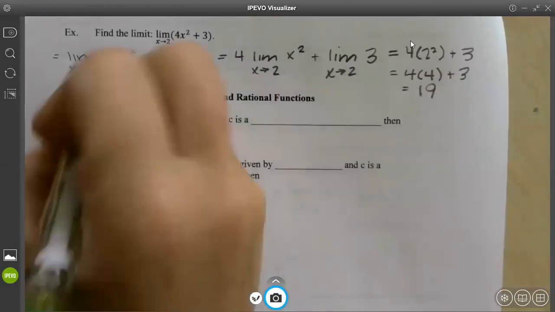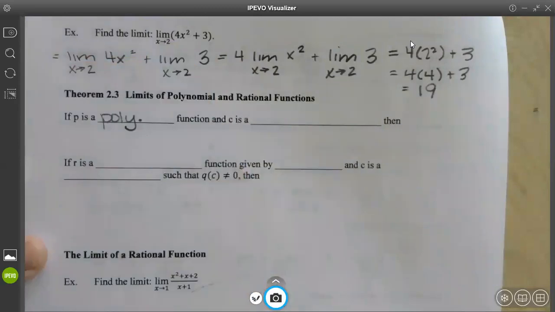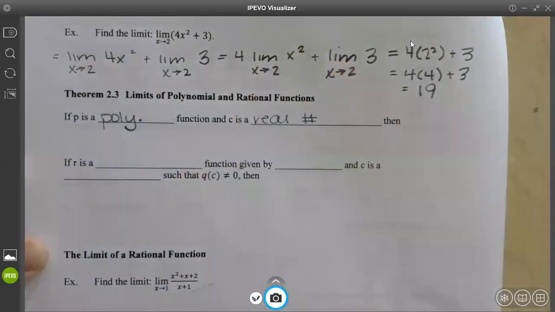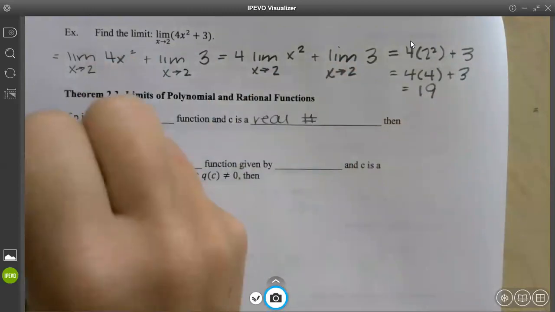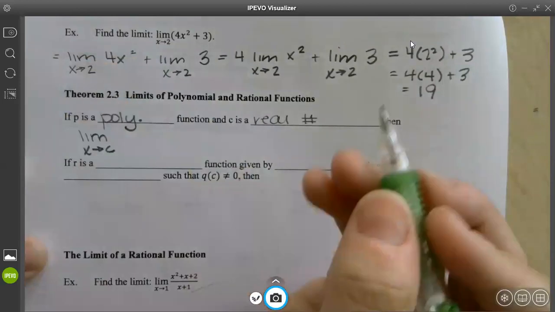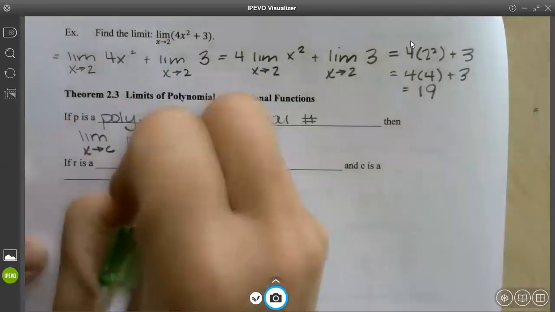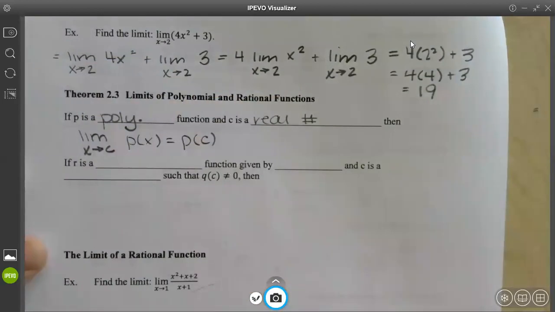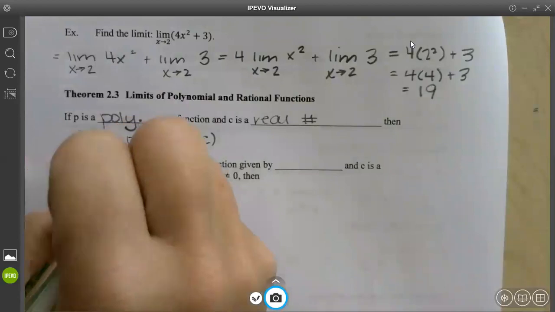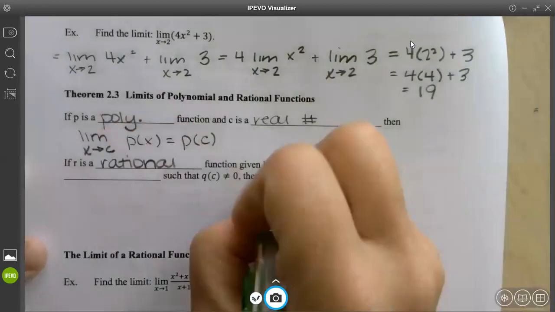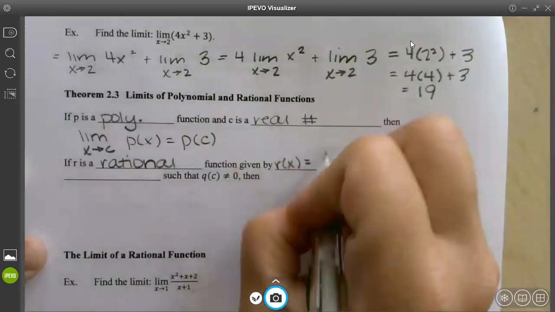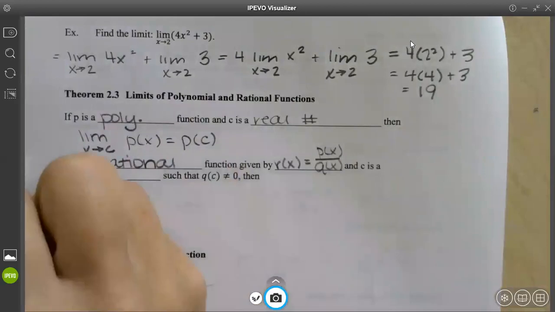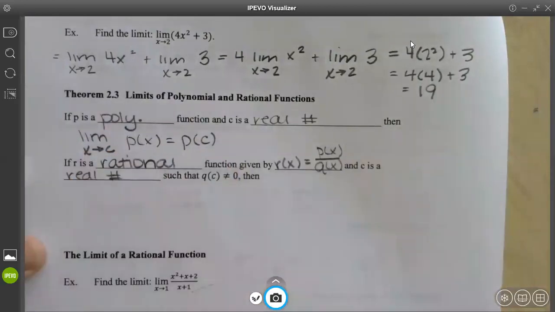If P is a polynomial function, again, if P is a polynomial function and C is a real number, then the limit as x approaches C of P of x equals P of C. If R is a rational function given by R of x is equal to P of x over Q of x, and C is a real number such that Q of C does not equal 0.